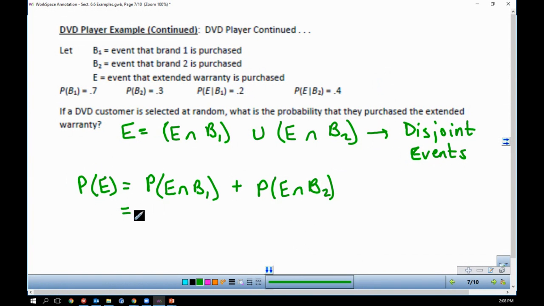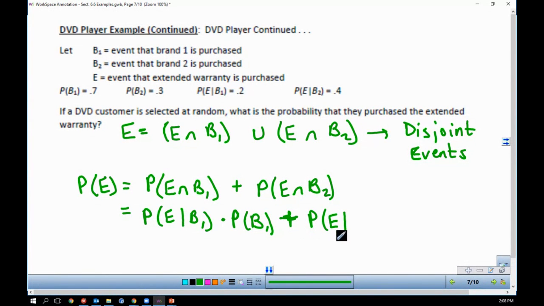Using the law of total probabilities, we have the probability of E given B1 times the probability that they bought brand 1, plus the probability of the warranty given they bought brand 2 times the probability that they bought brand 2. So these are just like both of the options. That's exactly right.